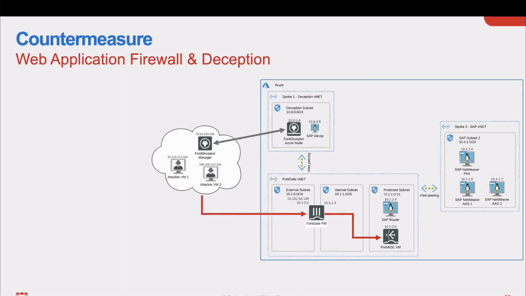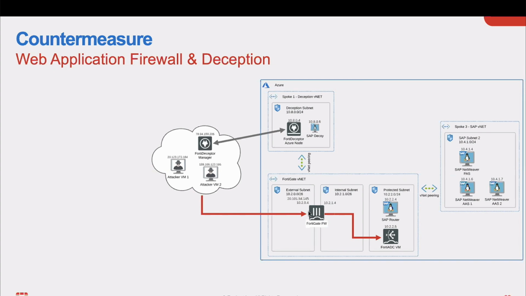The FortiDeceptor helps us to have the decoy VMs hosted. So we chose the SAP decoy VM, and then the FortiADC is the one which actually redirected when it detected an attack. So the attacker, again, Julian, the cyber criminal, didn't see that coming.